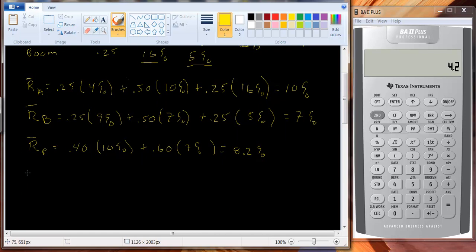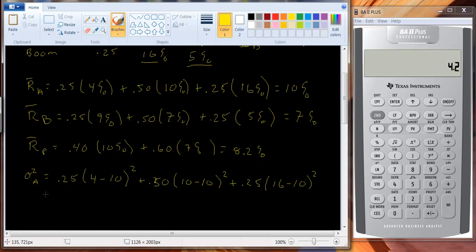So for A, and we'll use the notation sigma squared A, it's going to be the probability we're in the first state of the world times the return that we get for A in the first state minus its average value, squared, plus the probability we're in the second state of the world, that's 50%, times its value in that state of the world minus its average value, squared, plus the probability we're in the third state of the world, the boom period, and the return we get there is 16 minus 10, and make sure you square it.